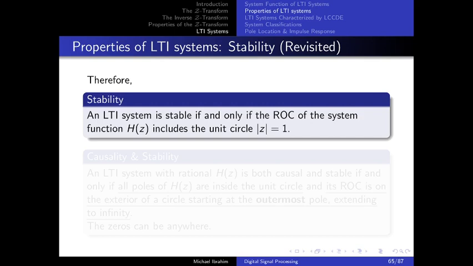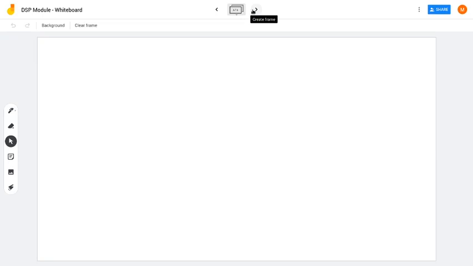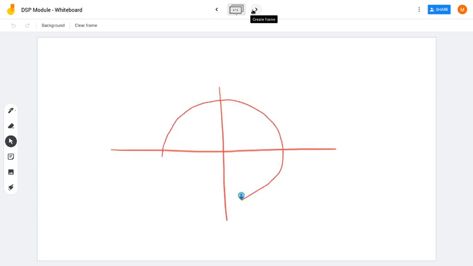Let's move to our whiteboard and see how it goes. So this is a Z domain, and this is a unit circle, and now we have learned that for the system to be causal, the ROC has to be going outward, and for the system to be stable, the ROC must include the unit circle.